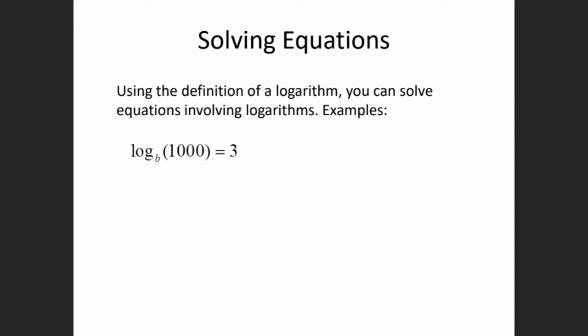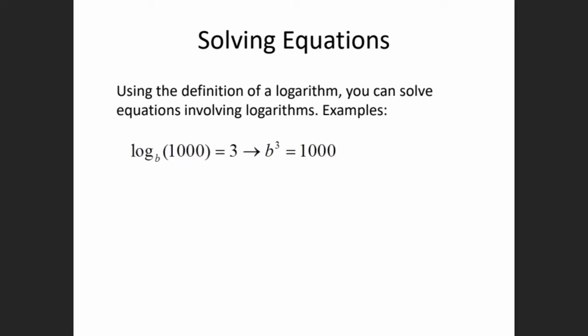So how can we do this? So what I would do is first convert it into an exponential problem. The base of my exponent would be b. The output of the log is the exponent, and the input of the log is the output of my exponent. Then I can say to myself, oh, what value for base will give me 1000?